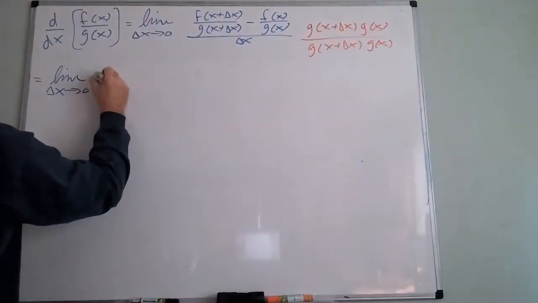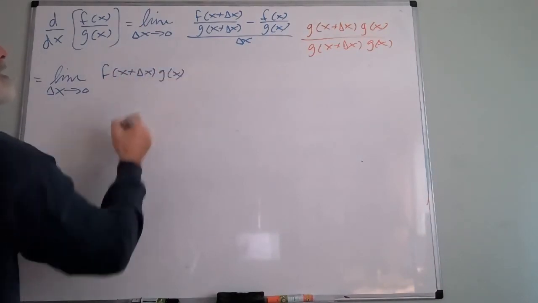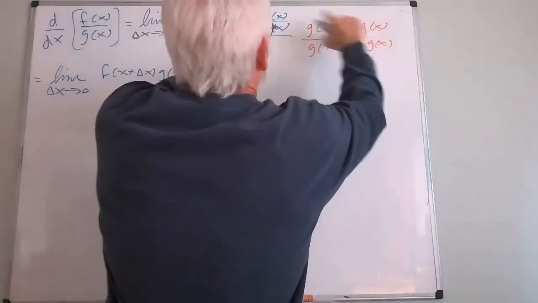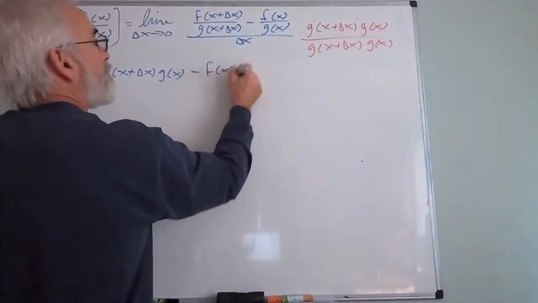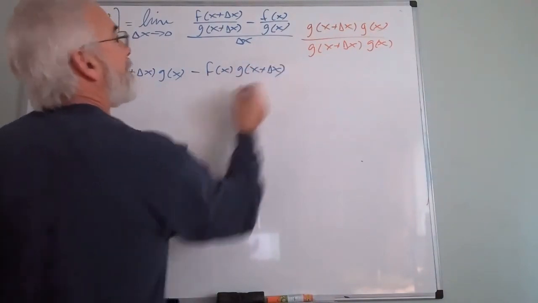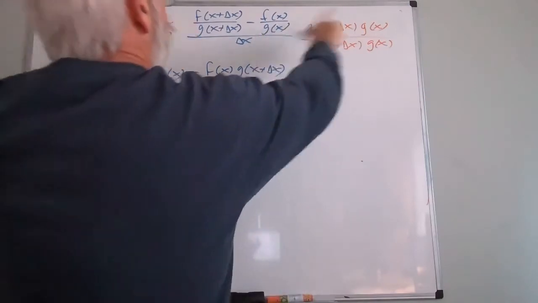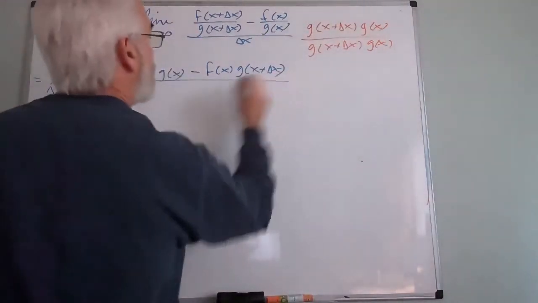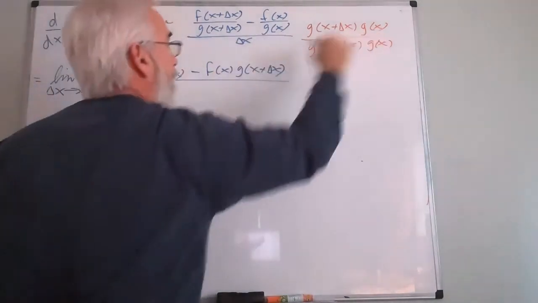And I will have f of x plus delta x times g of x. When I multiply this into here, the g's will cancel, and I'll have minus f of x, g of x plus delta x. That's my numerator. Now my denominator, so I'm actually done now with my numerator. My denominator would be this times all of that.